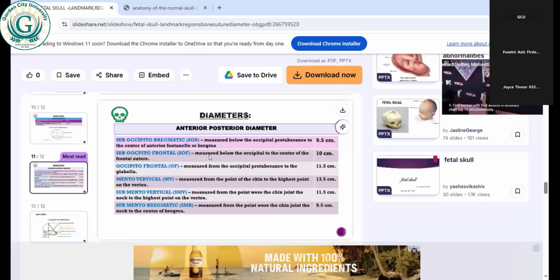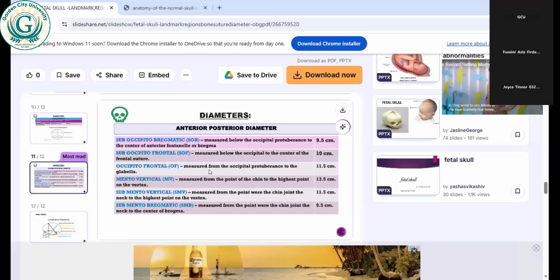We are moving to the third one, the occipitofrontal diameter. That means ranging from the occiput of the fetal skull to the frontal suture. The occipitofrontal, OF, measures 11.5.